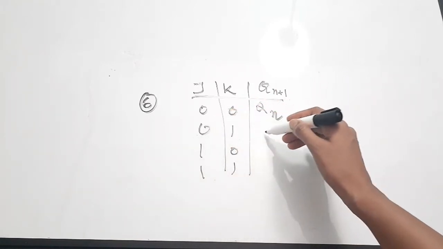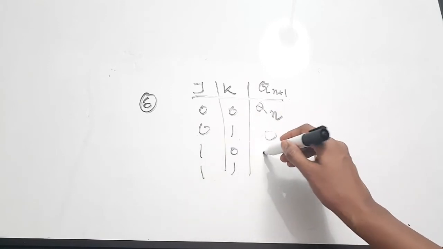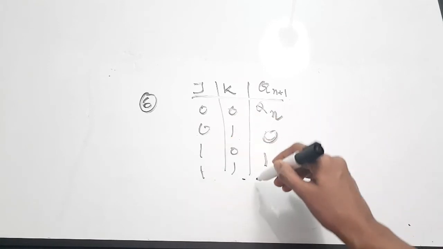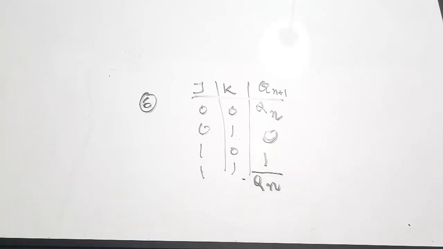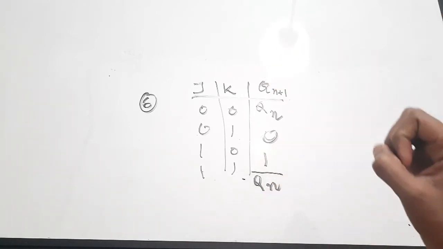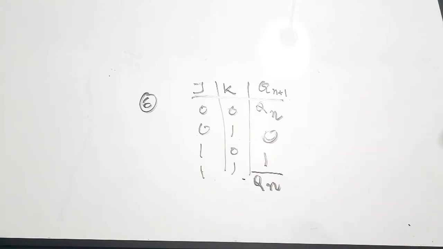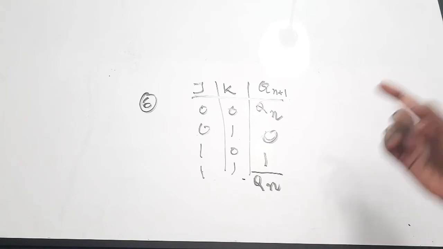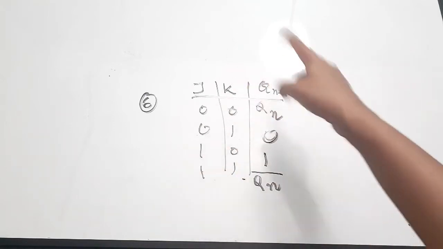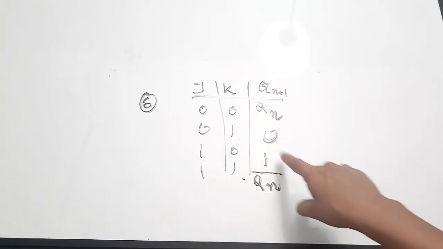For 0 1, it is 0. For 1 0, it is 1. And for 1 1, it is Qn bar. Now, we all know that the JK flip-flop is designed to overcome one of the demerits of SR, which was that for the SR flip-flop, the 1 1 state was not defined.